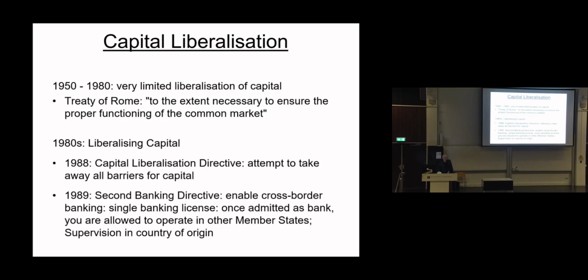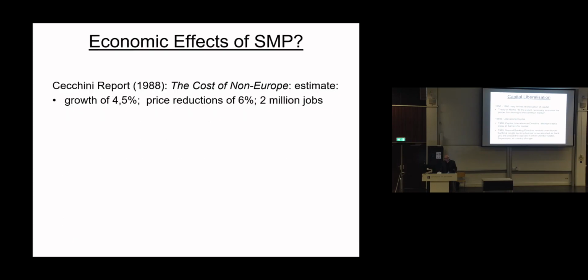There were liberalizations in the 1980s, 2 directives to do so, but still today it's a little bit underdeveloped. And, as I mentioned, the Draghi report called for a deeper integration of capital markets today.